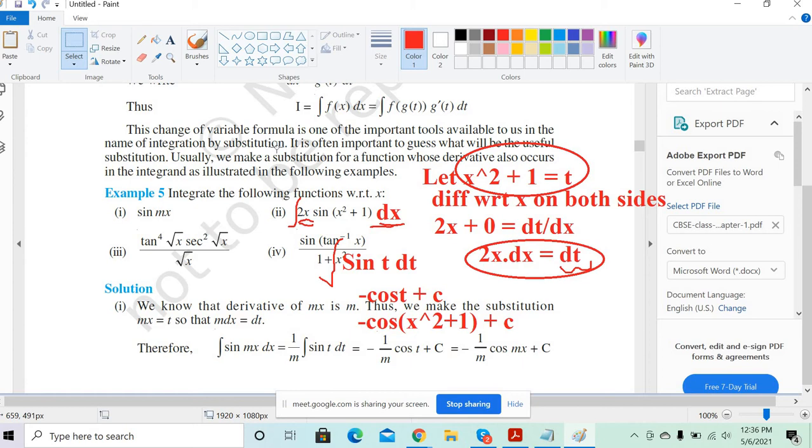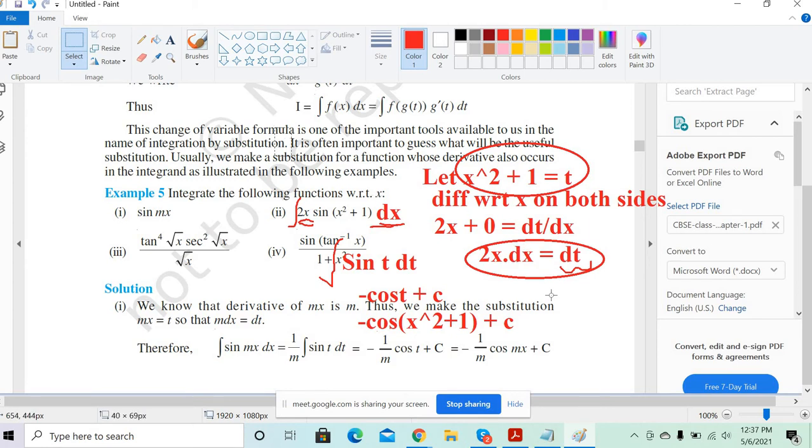That's the reason we change the variable dx into the form of dt, so that we can get the simplest form, sin t dt. So we know the answer for sin t dt. The integration of sin t you already know. Okay. Clear? Yes, sir.